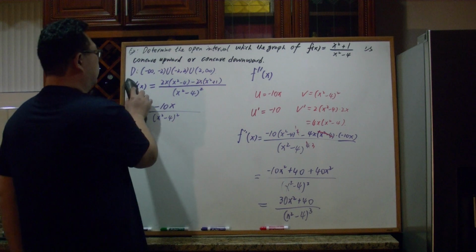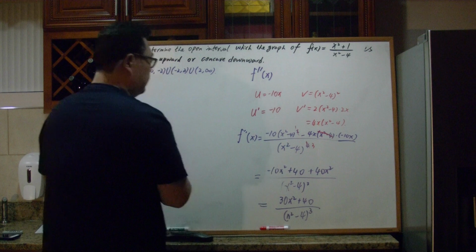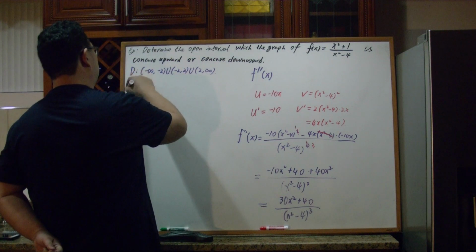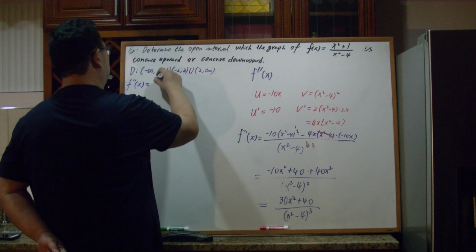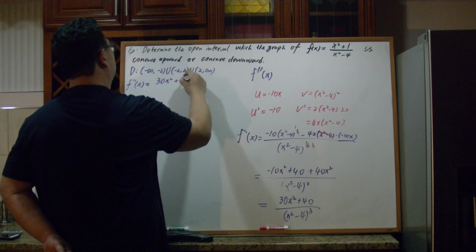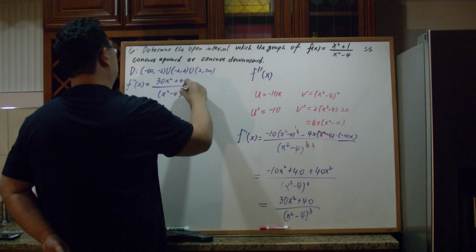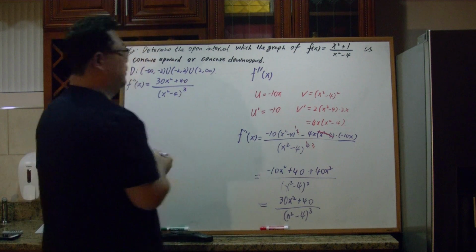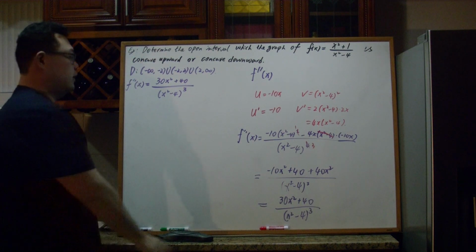Since the first derivative we don't use at all, we could erase that and write the conclusion of what the second derivative is. That's 30 times x squared plus 40 over x squared minus 4 to the third. And that is the second derivative.